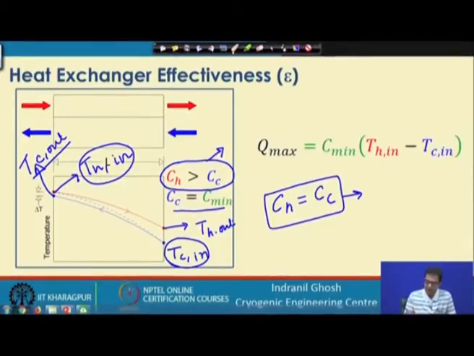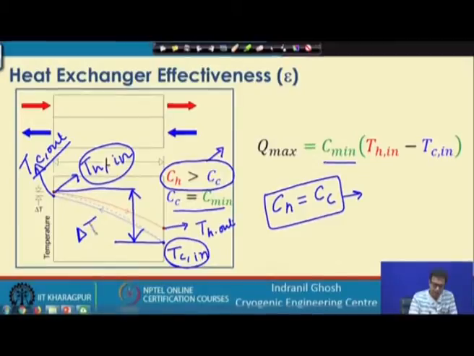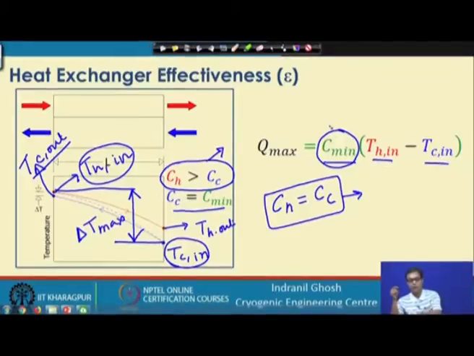Now, if we look at this one, the maximum heat that can be transferred is with the minimum capacity of fluid, and what is the maximum difference in temperature? This is the maximum difference in temperature, delta T max, between the cold in and the hot in. So, T H in minus T C in multiplied by the C min will give you the maximum amount of heat transfer.